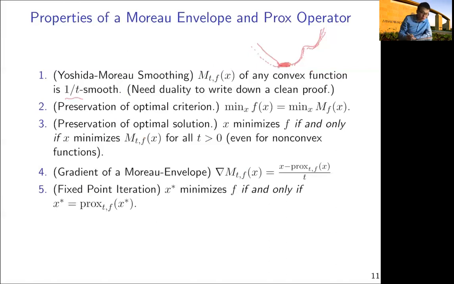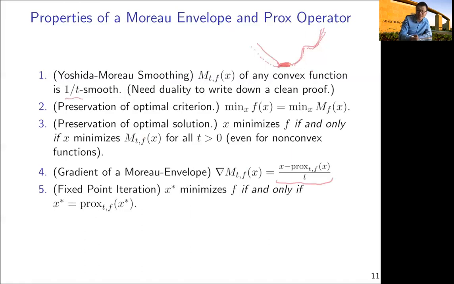So the fourth property of the Moreau envelope is actually very interesting, but it's a little bit more technical to prove. You can show that the gradient of this smoothed function is closely related to the proximal operator, in the sense that you can write the gradient of the Moreau envelope to be exactly this.